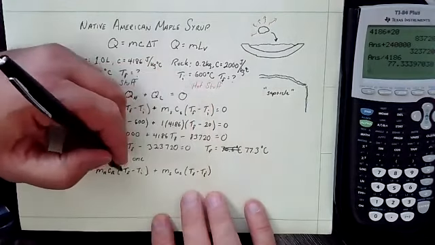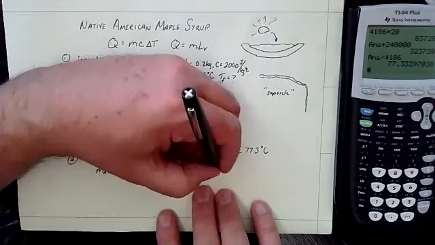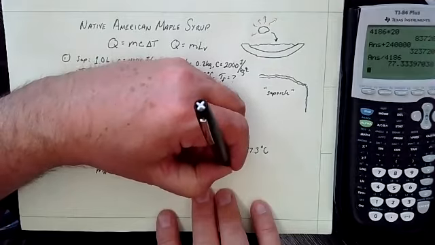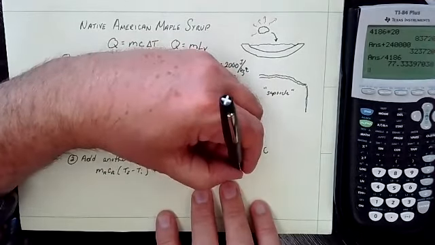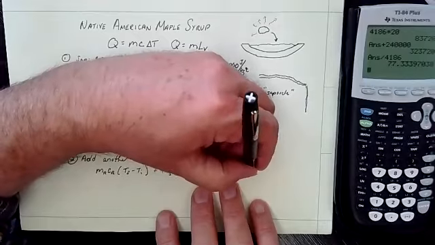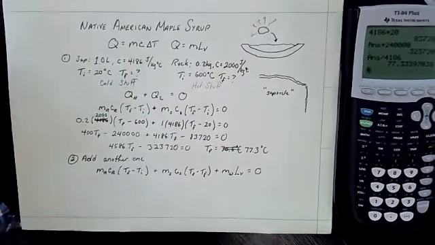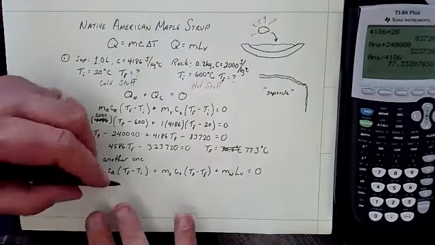And we know the final temperature is going to be 100. And then plus MW, which is the mass of the water that boils away, times the heat of vaporization for water, and that's all equal to 0.